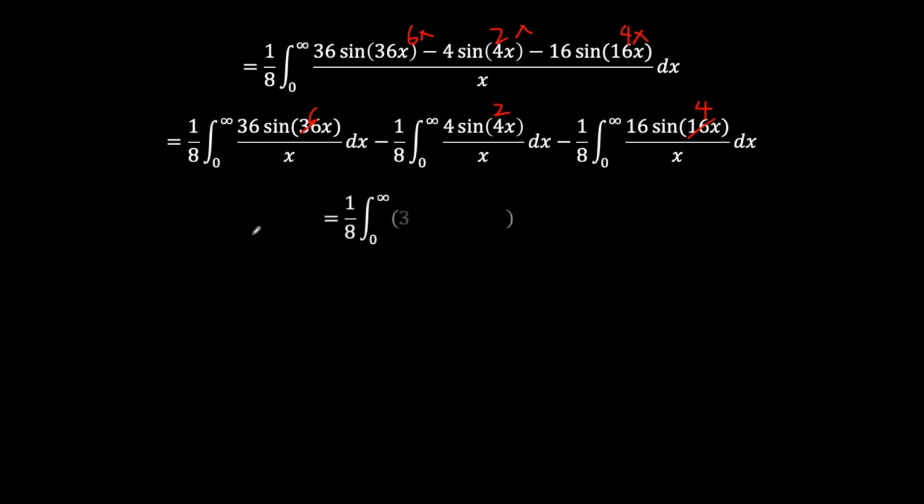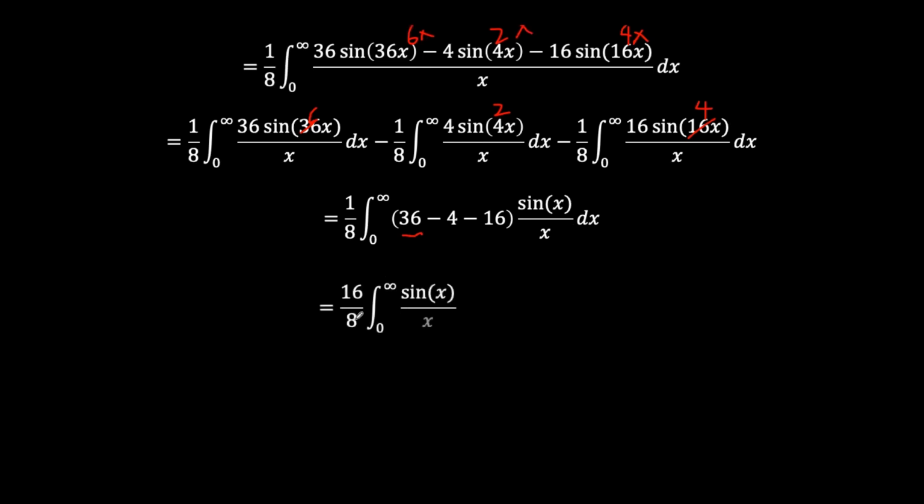So we can pull out the constants, and we're left with sine x over x, since we saw that if you had any constant here over x, the integral is the same as the integral of sine u over u, which is the same as sine x over x from x equals 0 to infinity. And so that is 6 minus 4 minus 16, which is the same as 16.